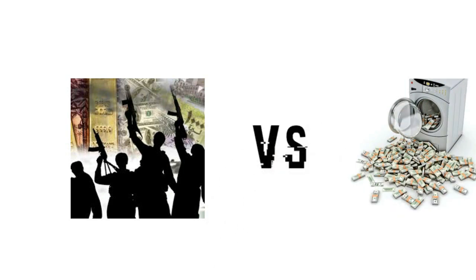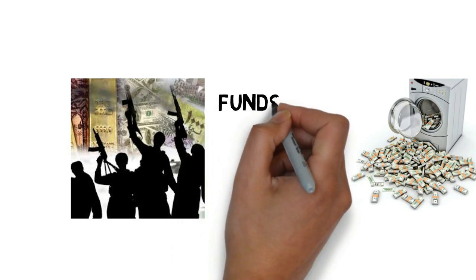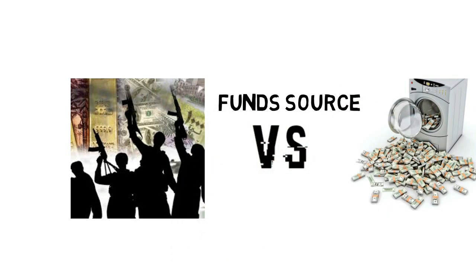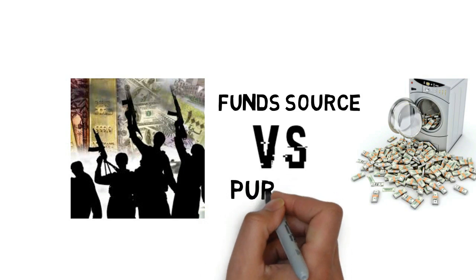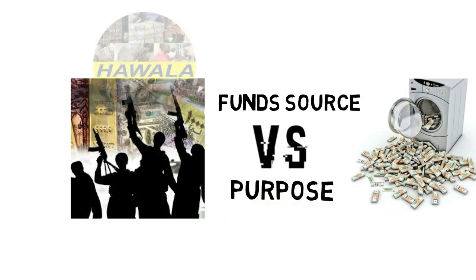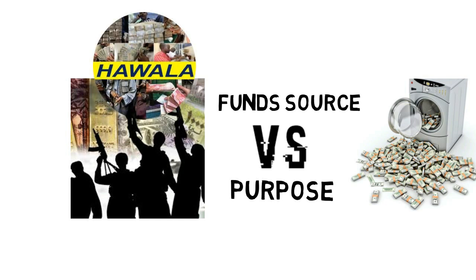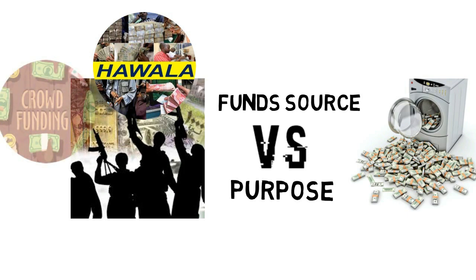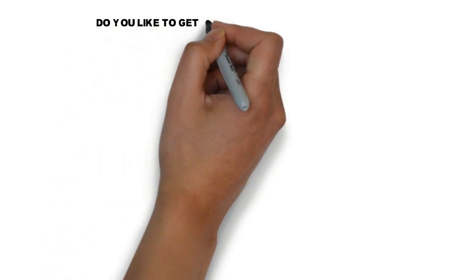But be aware that the techniques used for money laundering may also be used for terrorist financing. Then it goes on explaining various channels used to fund terrorists like the Hawala or Hundi system, use of non-profit organizations, and other mediums like crowdfunding. It also provides you with the techniques to detect terrorism financing.